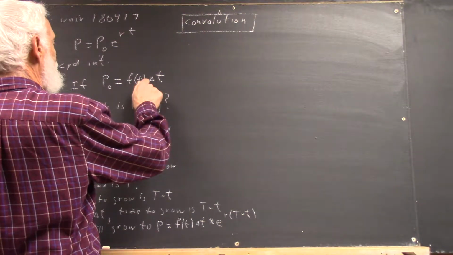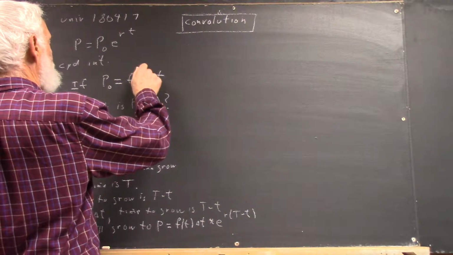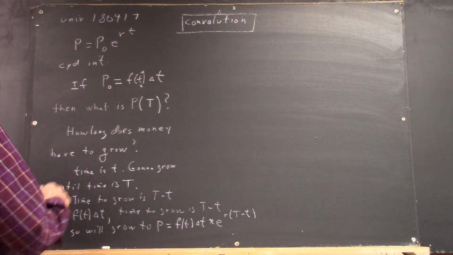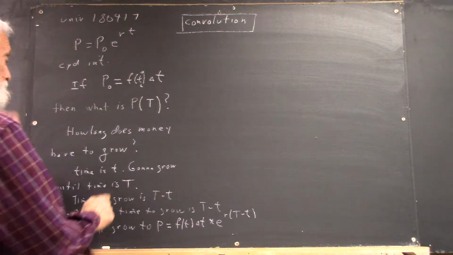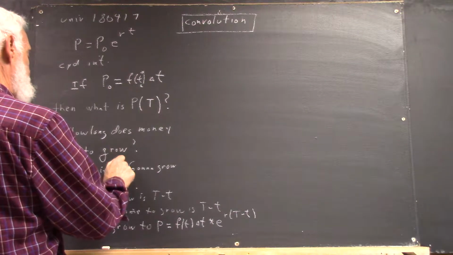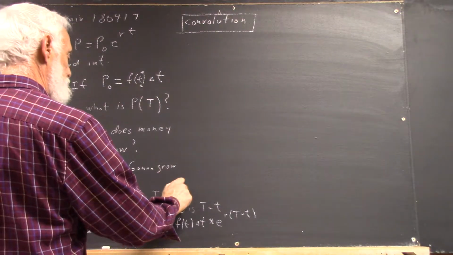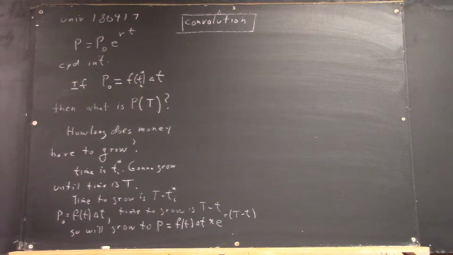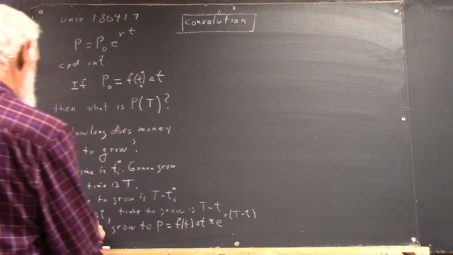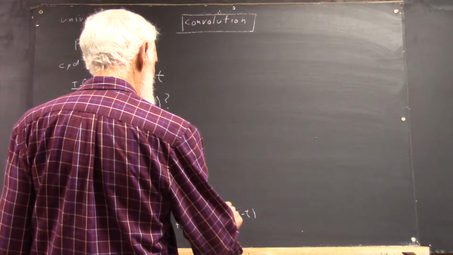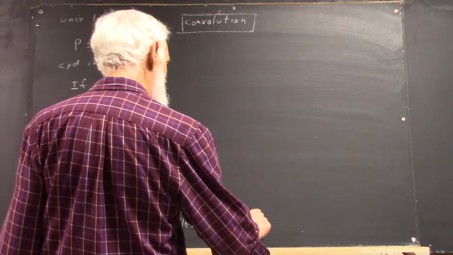So I could say, let's say this is now t sub i star, okay? And now the notation becomes a little clearer. Your time is t sub i star. You're going to grow till time is t, so that's going to be this, right? And now your t is always now t sub i star when we're just talking about a little increment, right?